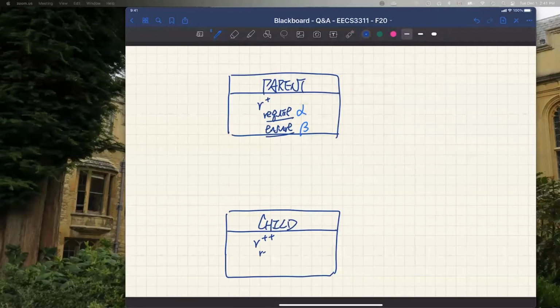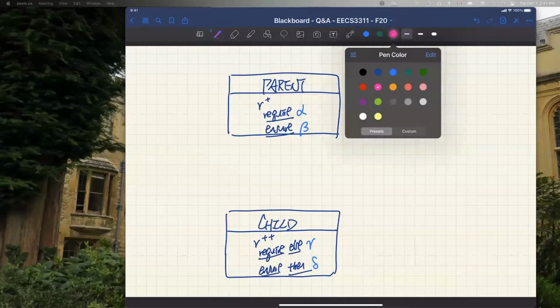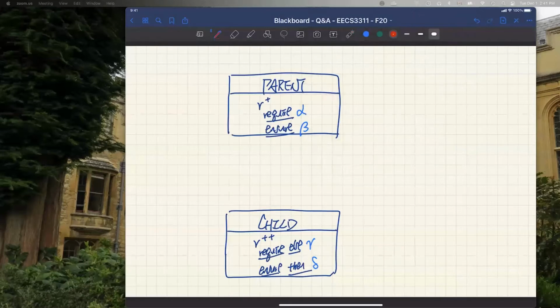Then in the child class, it will be require else, and also ensure then. In this case, I'm going to put gamma and also delta. And of course, we're assuming that we have the inheritance relation between the two, so I will simply put an inheritance relation.